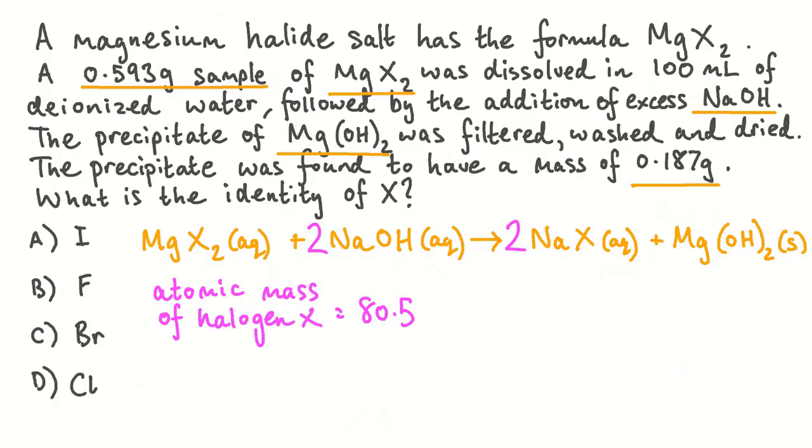We need to bear in mind that this will not be the precise atomic mass of our halogen X, as it is derived from experimental data where there are errors. The only halogen with an atomic mass close to 80.5 is bromine. The atomic mass of bromine is 79.9. The correct answer is therefore bromine.